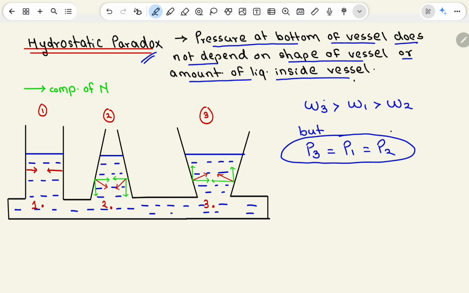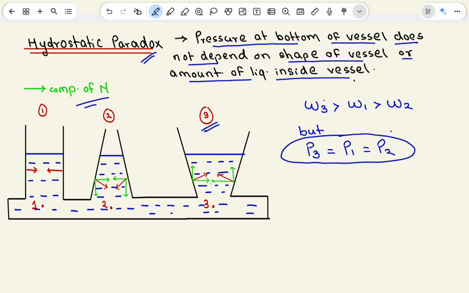Okay, so let's start with flask number 3. Now you can see some green arrows, and those green arrows are nothing but the components of normal reaction. The normal reaction I have drawn in red color is exerted by the surface of the flask on the mass of the liquid. That normal reaction I have divided into 2 components, horizontal and vertical.